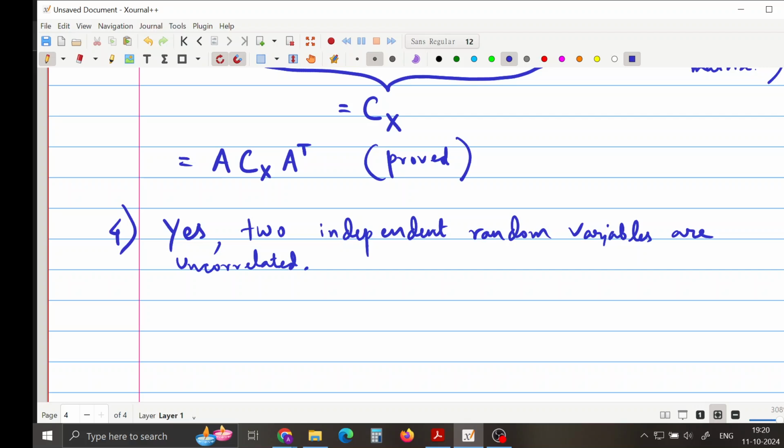So independence, maybe I'll mention it here, implies uncorrelated.